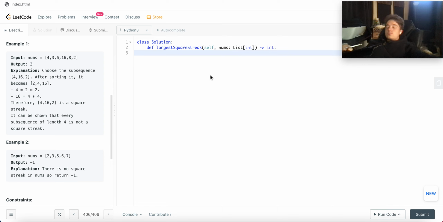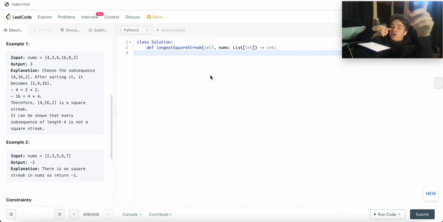So this problem is then very similar to two-sum, right? Because when you do two-sum, the idea is you have two numbers that match together to get you to a target. So in this case, there's kind of a matching number for any number. If I have 16, the matching number is the square root of 16, which is 4.